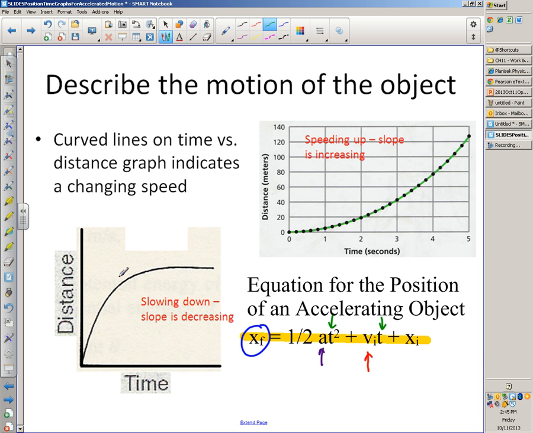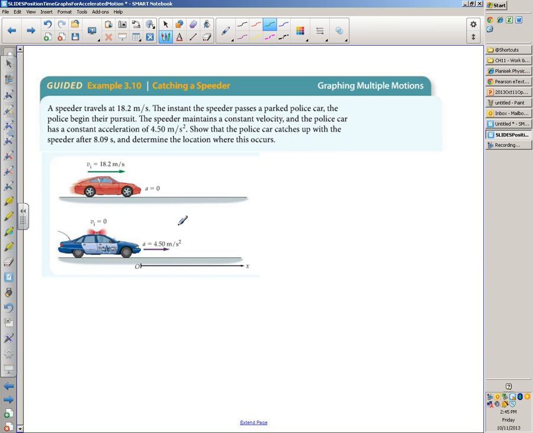All right, let's take an example of this, and this example looks like this. Okay, so a speeder. I hate speeders. Travels at 18.2 meters per second. The instant that that speeder passes a parked police car, the police begin their pursuit.